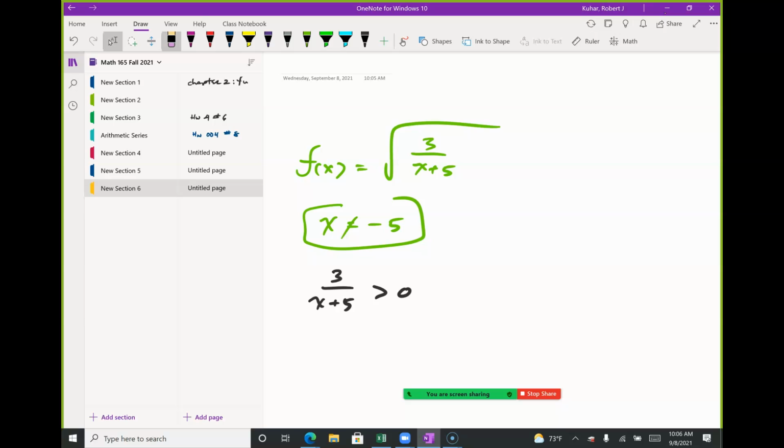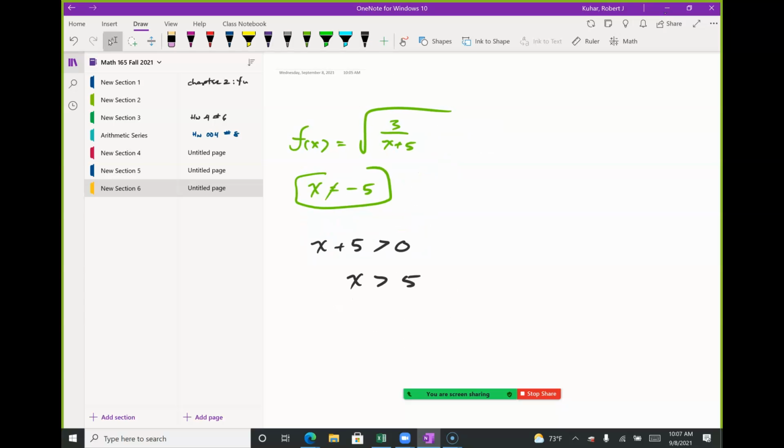I'm sorry. I want to make sure my downstairs is not negative, right? Better yet, sorry. The upstairs is never going to be negative, right? So I just have to make sure my downstairs is not negative. So x plus 5 is greater than 0. So what do I get? I get x is greater than negative 5. And so the negative 5 is not going to be an issue anyway, right? So what's my domain now?